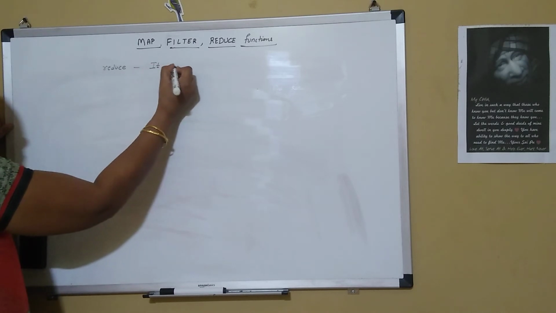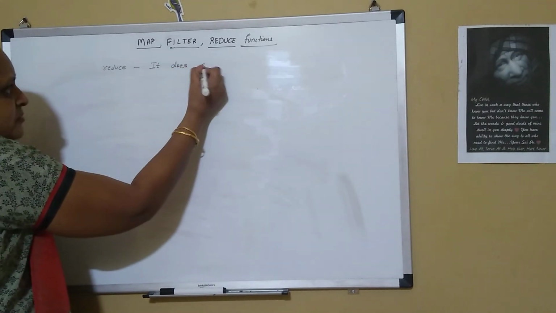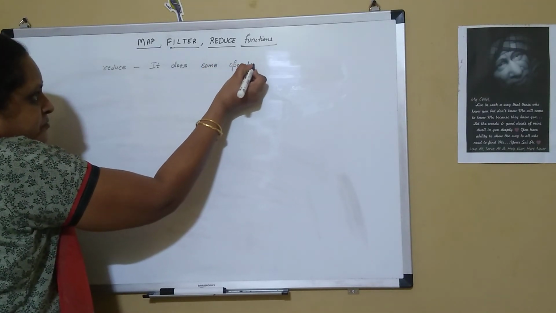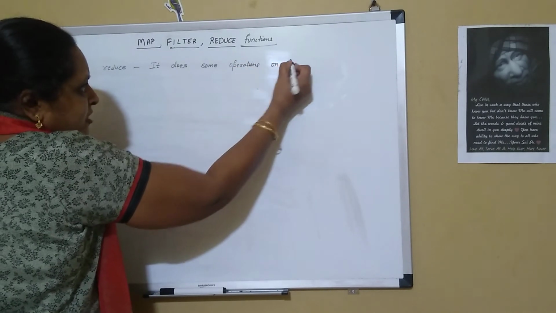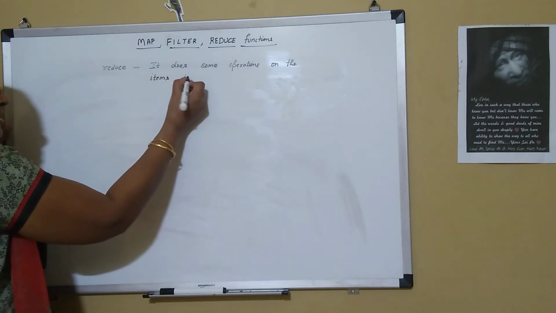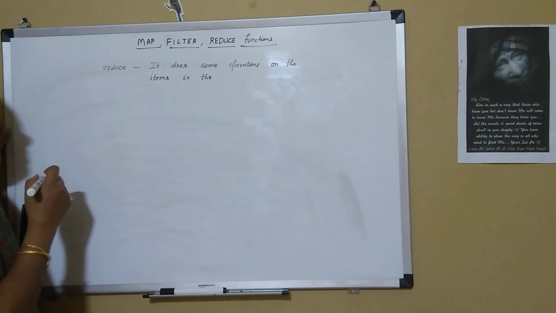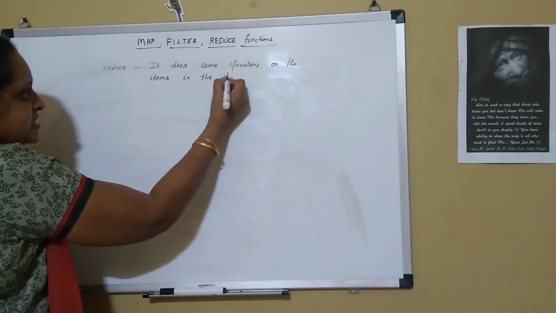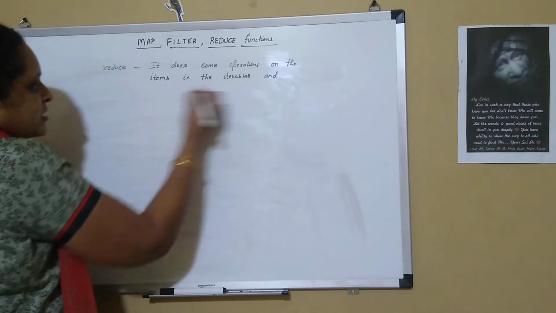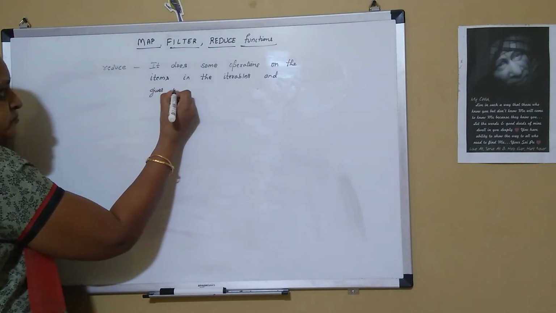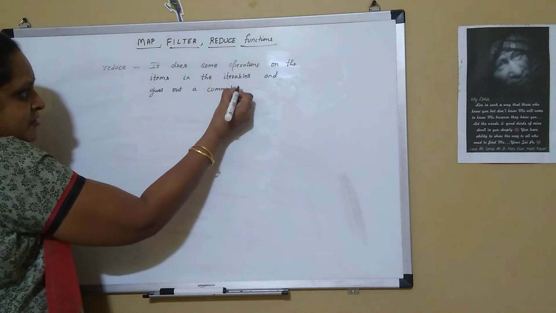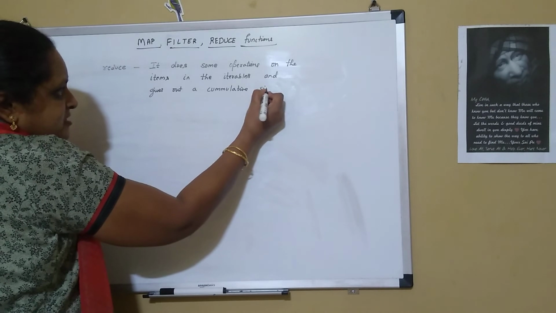It does some operations on the items in the list, on the items in the iterables, and gives out a cumulative single result.